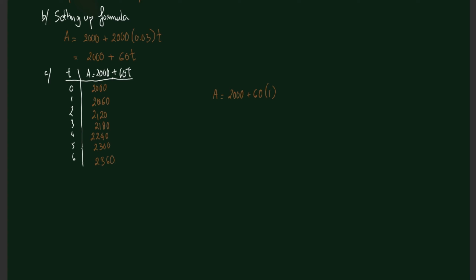It means that after 6 years you will have $2,360. So it's 360 more compared to the original amount you put in, which is $2,000 only. I don't know what type of bank gives you this interest, because 3% is kind of a lot. So it's still a good deal. Very good investment.